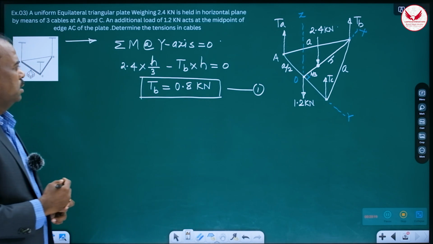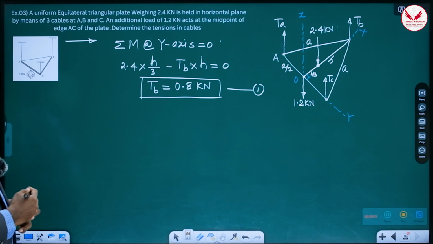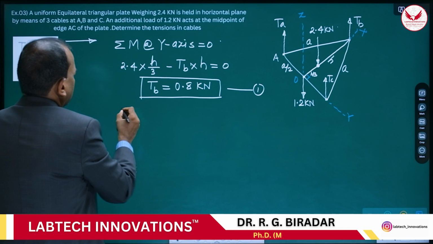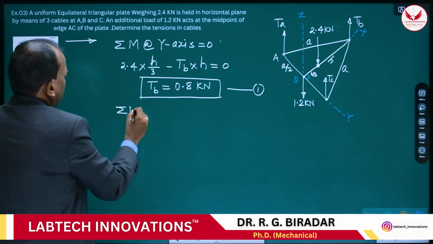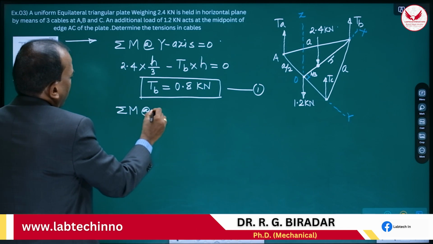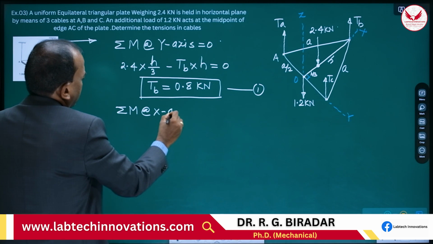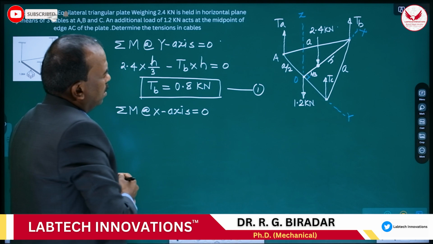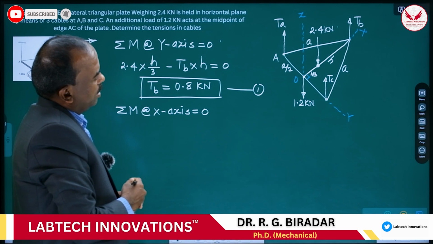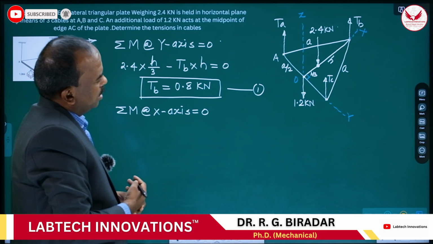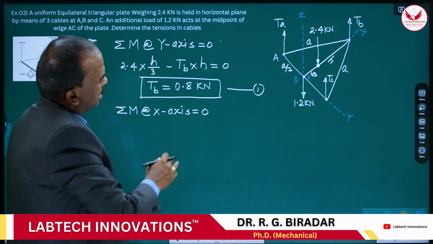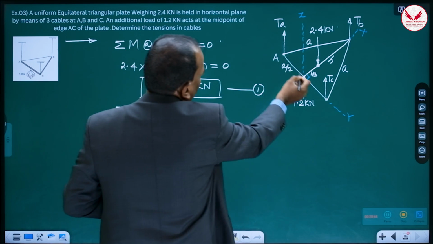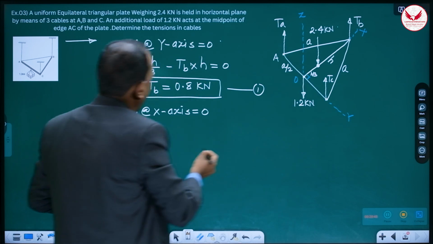Now, second is what? Take the moment about x-axis. Summation M about x-axis is equal to 0. Then moment of TB and 2.4 is 0. Then the moment about x-axis of TA is clockwise, TC is anti-clockwise. And distances are going to be a by 2 because it is a midpoint.